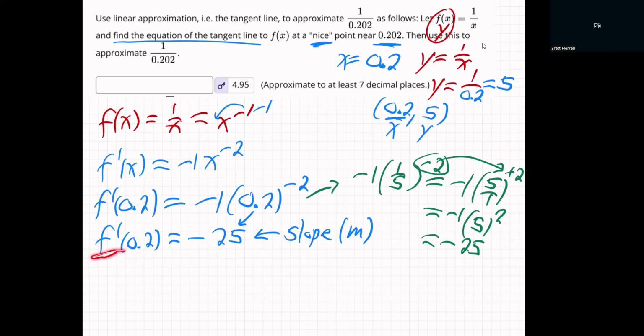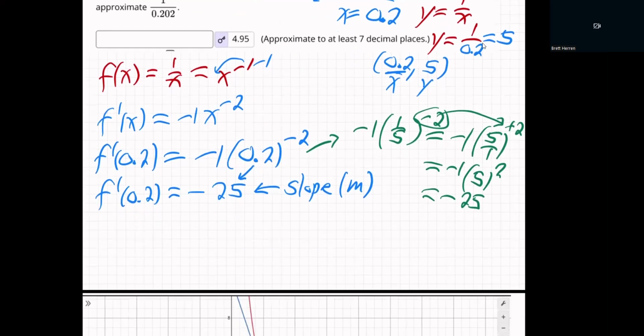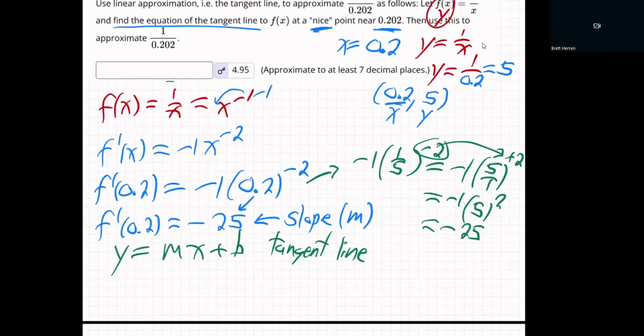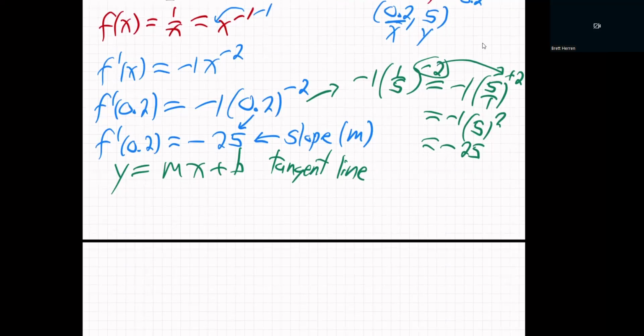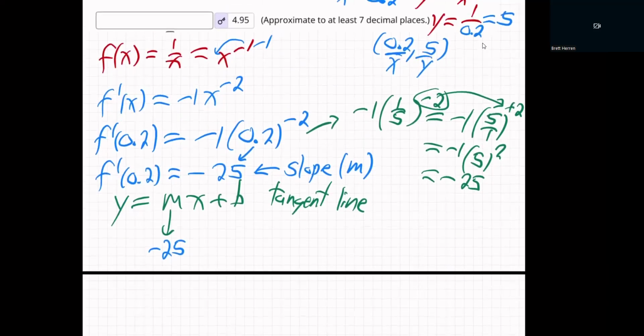Remember, when we take the derivative and we plug in the x value, what we get is the slope. So that's the slope. So now we know the equation for the tangent line is y equals mx plus b. We know the m is negative 25. Can we know the x and the y up here?